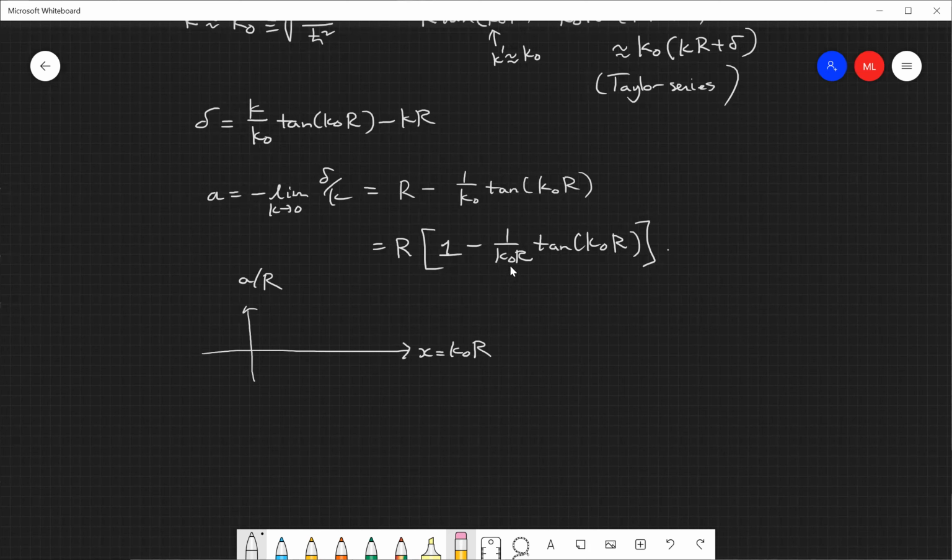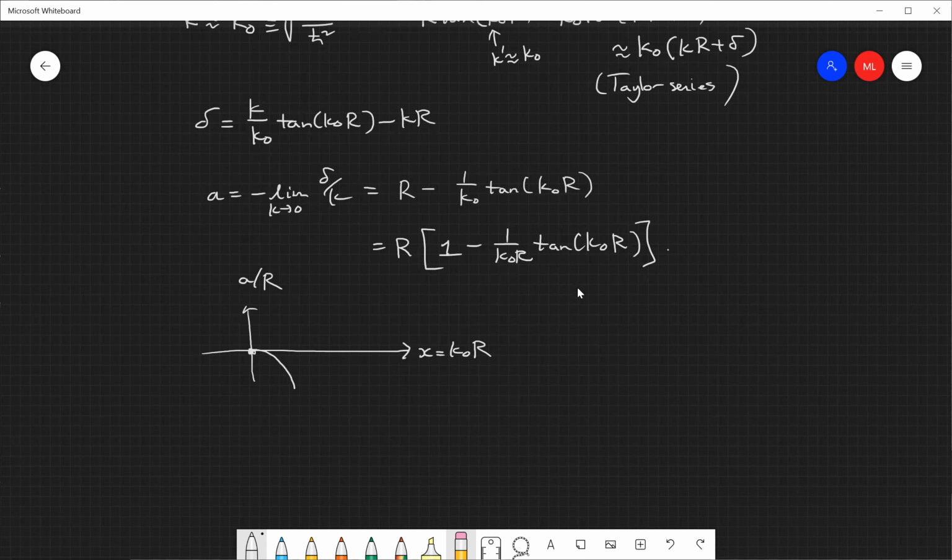At small k naught r, at small x, you'll get basically an x over x, which is 1, because tangent of small x is like sine of x over x. So that approaches 1. So this actually starts out at 0. It goes negative.